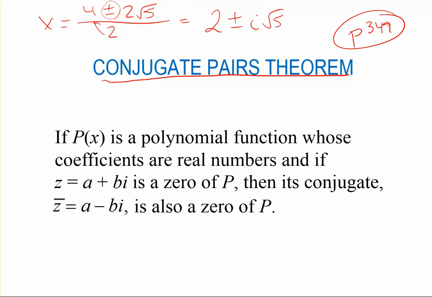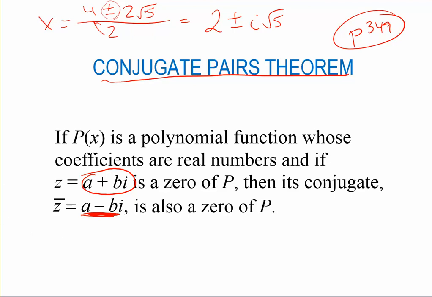Are we good there? So notice if you have a 2 plus i root 5, you're also going to have the 2 minus i root 5 because of the quadratic formula. So that's what this says. If you see a plus bi as a 0, you know automatically there's also a minus bi as a solution. So let's just work with that for a little bit here.